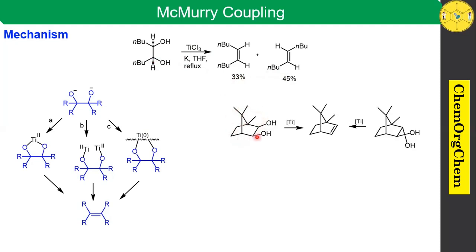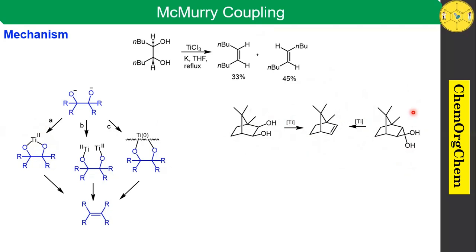Here you see this one is a cis camphane diol, and this one is a trans camphane diol. When you subject them to the McMurry coupling reaction conditions, both of them produce the corresponding alkene. Here you should note that the cis camphane diol can easily form a five-membered titanopinacol framework, while the trans camphane diol could not.